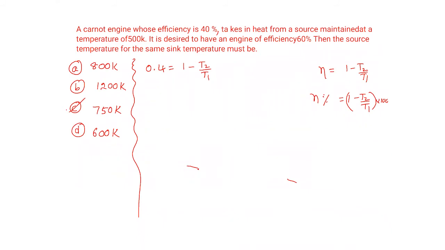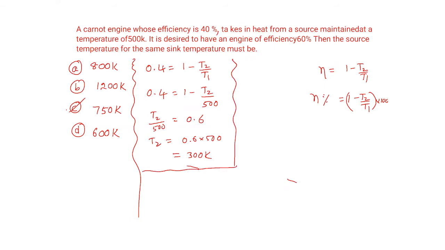T1 is source temperature, T2 value they didn't give. So T2 by 500 is equal to 0.6. T2 is equal to 0.6 into 500. So how much do you get here? 300 Kelvin.